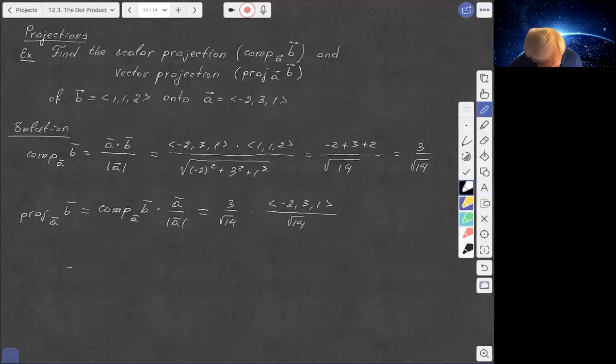So that is going to be equal to 3/14 times negative 2, 3, 1. Now we multiply 3/14 by each component, so you get negative 3/7, 9/14, and 3/14 for the projection vector.